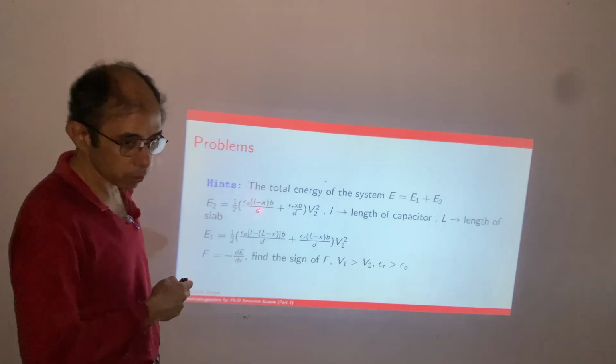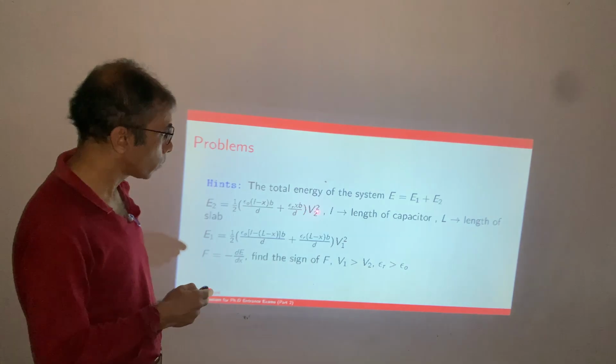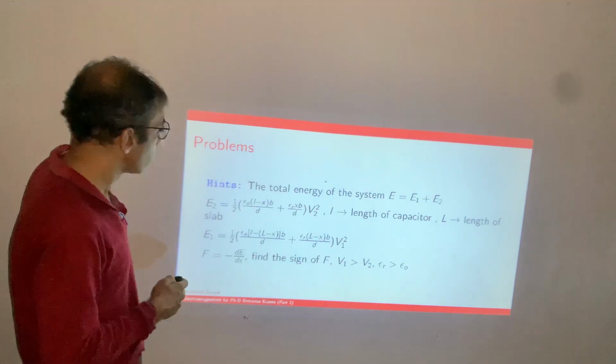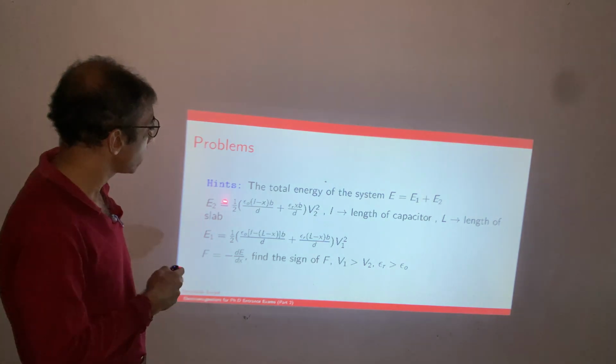This is the capacitance of C2, times V2 squared. So this is the E2.